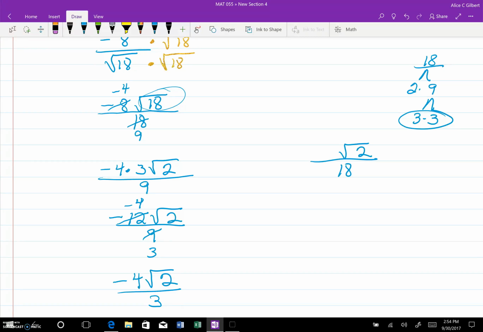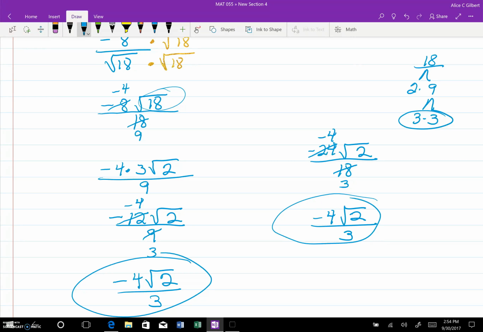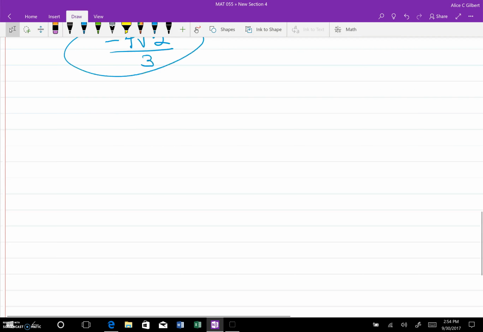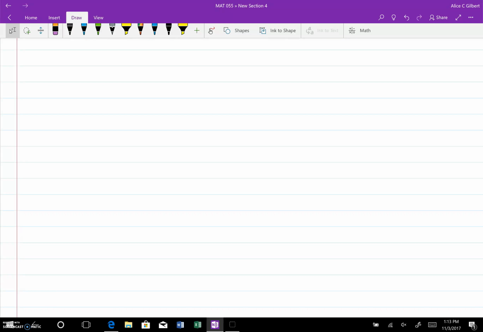Pardon me, the original was 8, so 8 times 3 is 24, and 6 goes into each of these, so 6 goes in 4 times, and 6 goes in 3 times, and you see I end up with the same answer here and here. So either way, as long as you're reducing everything at one place or another, you're good.